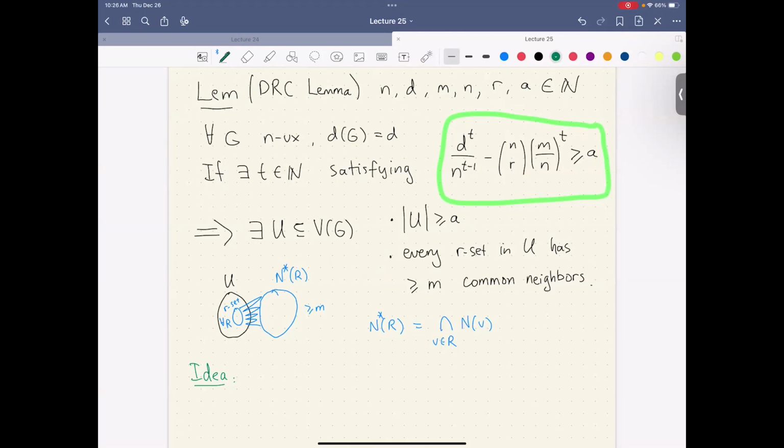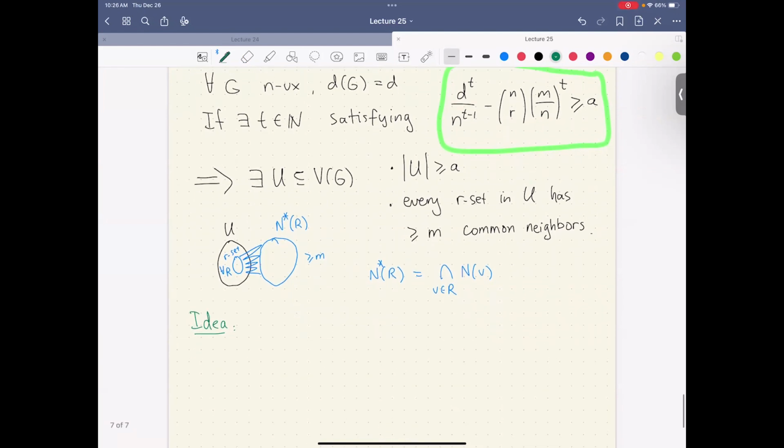It depends on some other sets. So we're going to choose a set T of t vertices with repetition, some random set T. Here's a picture.